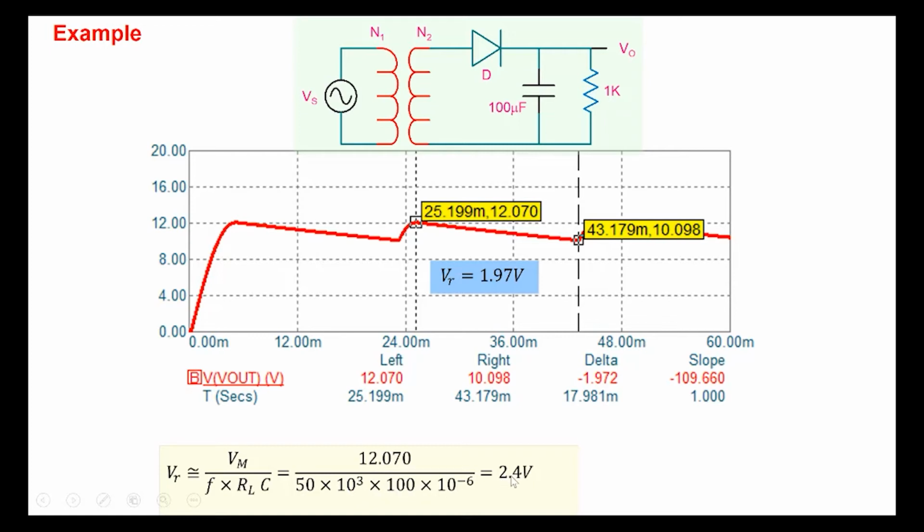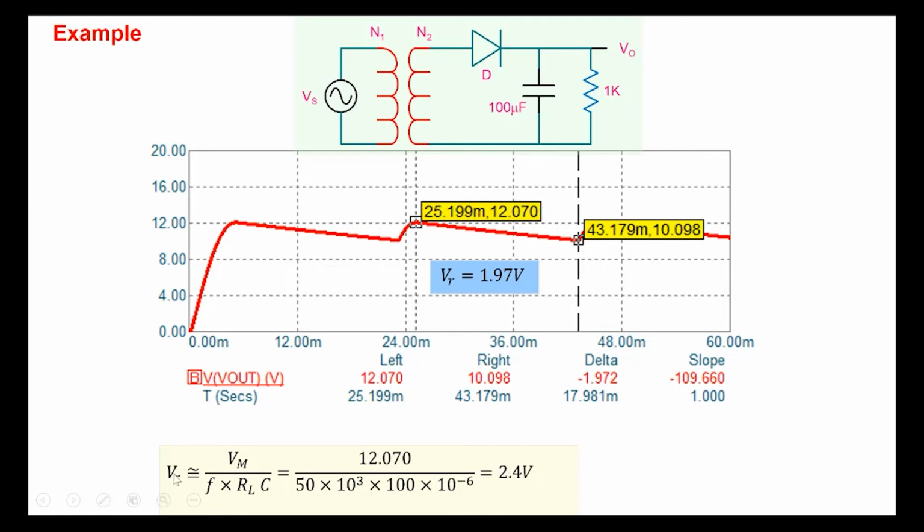So we have a little bit of error, as we discussed, and that's why the value departs from the actual measured value, but it's reasonable as a first approximation of the ripple voltage.